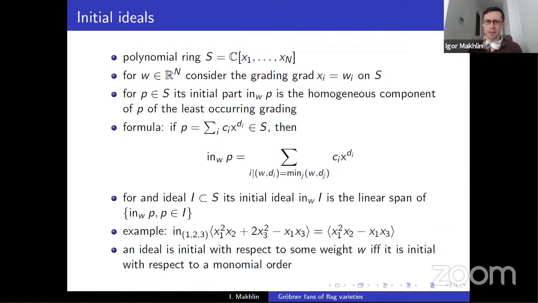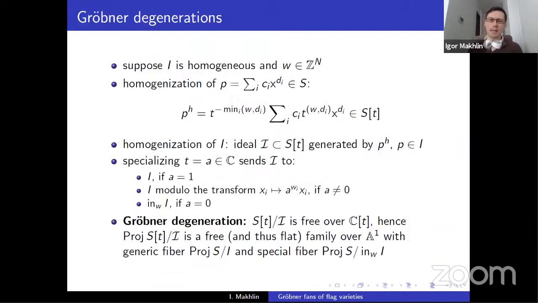Okay, so here is sort of the main reason. Initial ideals occur in many settings, and I think they stem from computer algebra, but the main reason for me to consider those ideals is this Gröbner degeneration construction.